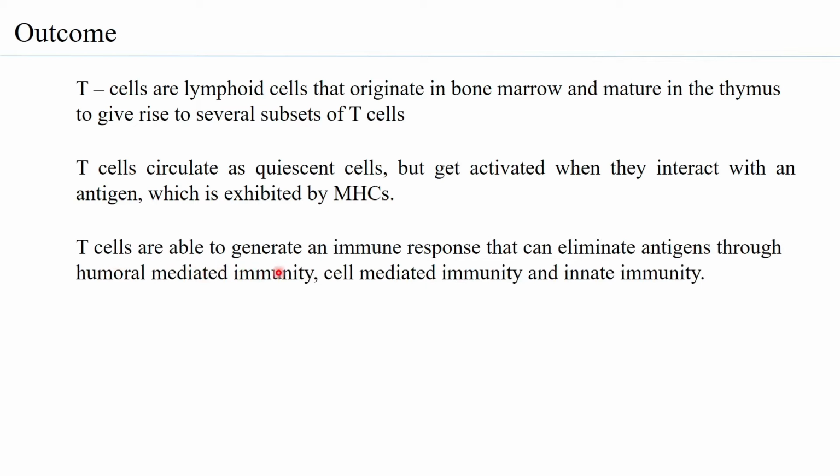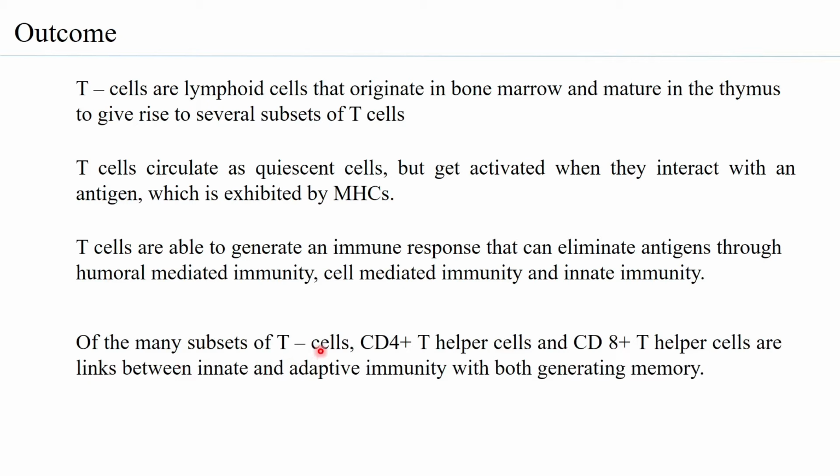The T cells are able to generate an immune response that can eliminate antigens through humoral mediated immunity, that means by secretion of antibodies, cell-mediated immunity, which means cytotoxic cells, and innate immunity, which means cells which are pro-inflammatory or cells which are phagocytic in nature.